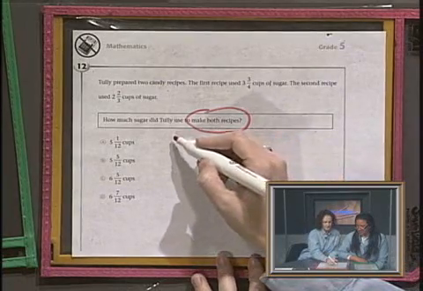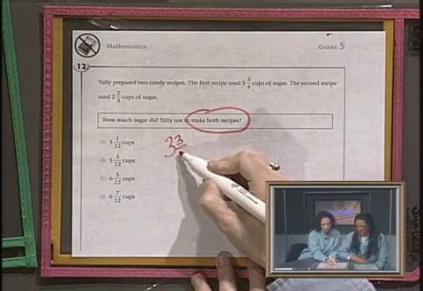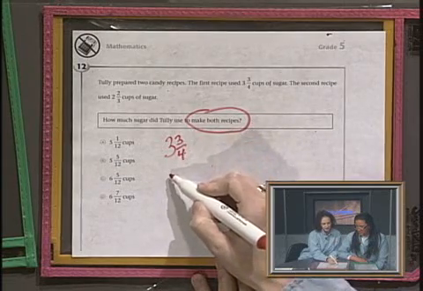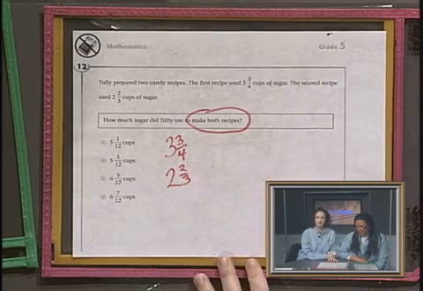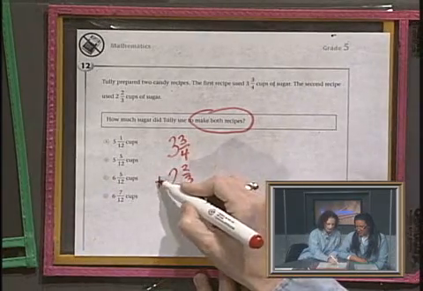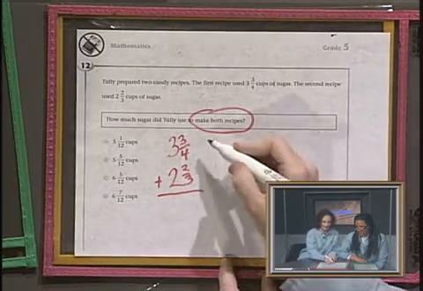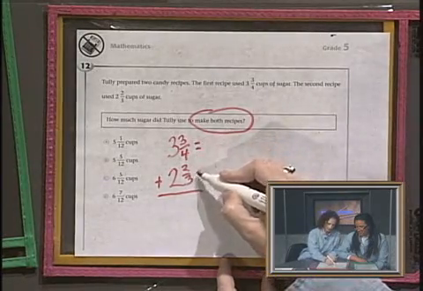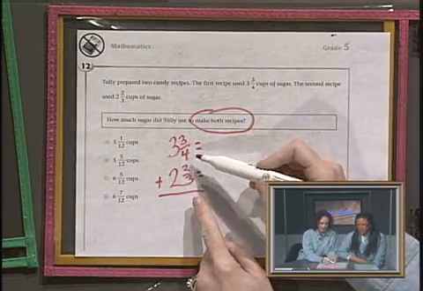I like to write these vertically, so we can write the conversions next to each other. I'm going to write these out right here on the page, and we're going to be adding these mixed numbers. I'm going to write an equal sign, because we are going to find equivalent fractions with a common denominator.